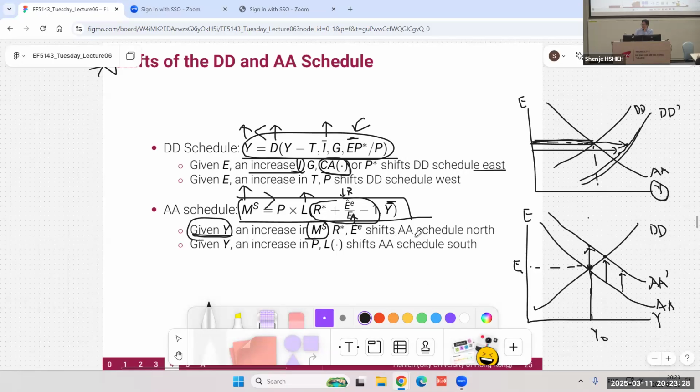Okay, and in fact, I even tell you the direction here, right? So an increase in MS, R star, or E shifts the AA schedule upward. An increase in P or L will shift the AA schedule down, or south.